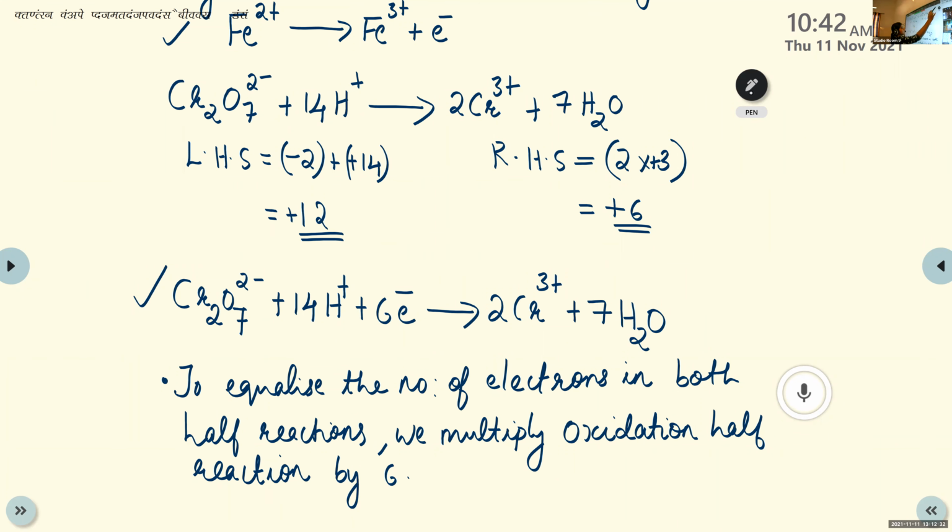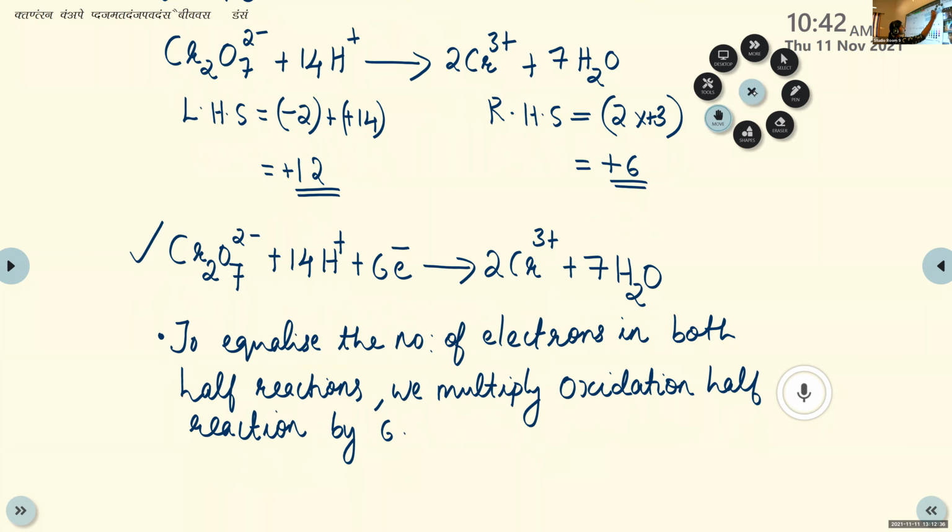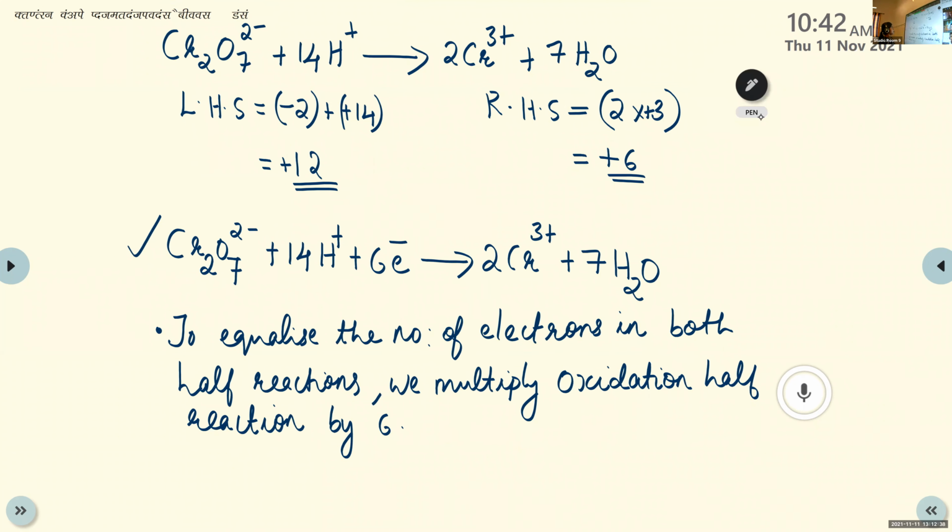Because only 1 electron is there, right? Here there are 6 electrons. So now we can rewrite the oxidation half reaction. Fe2+ gives Fe3+ + e-, right? Then when we multiply this by 6, it will become 6Fe2+ will give 6Fe3+ + 6e-.